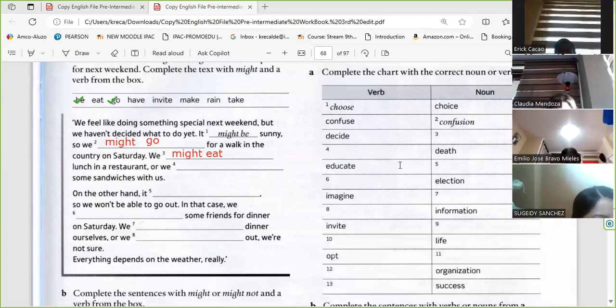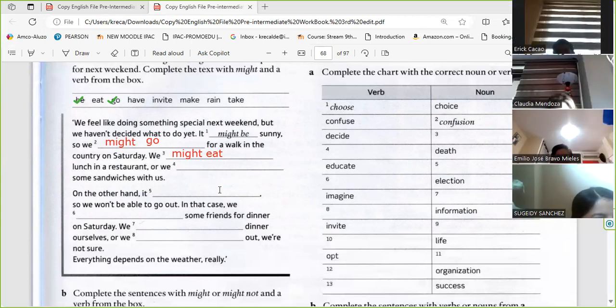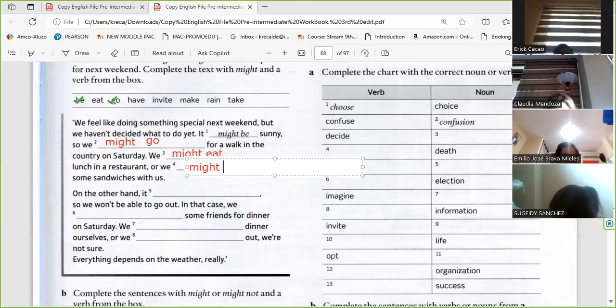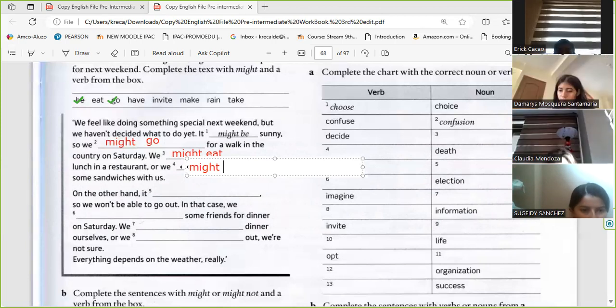Number 4, Emilio. Lunch in a restaurant, or we might make some sandwiches with us.